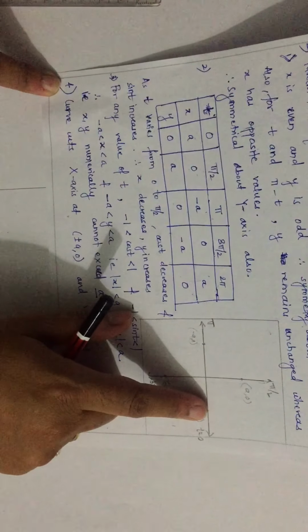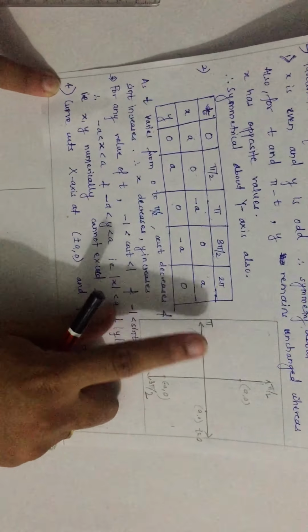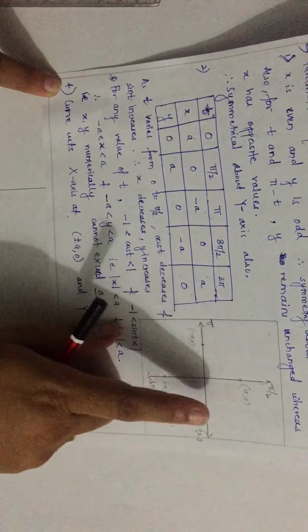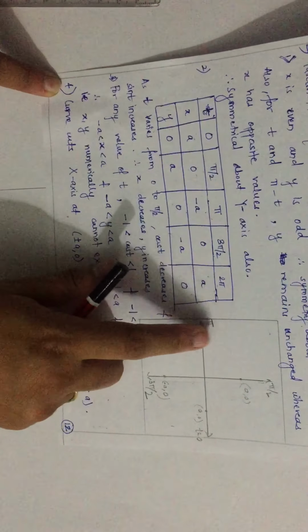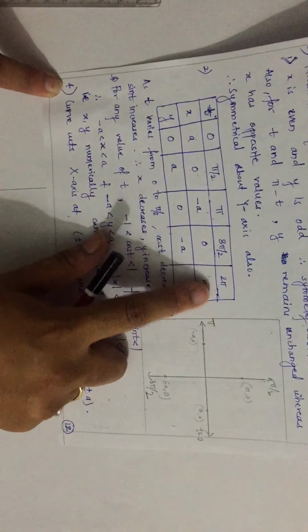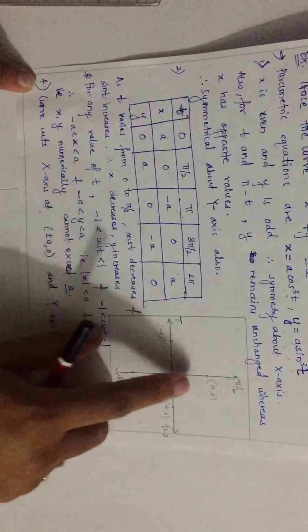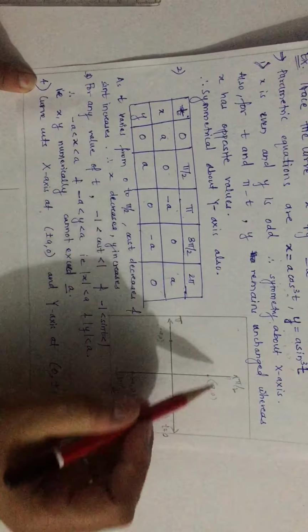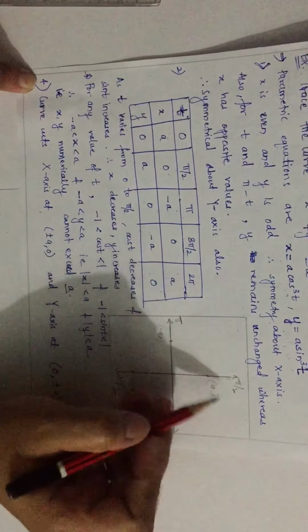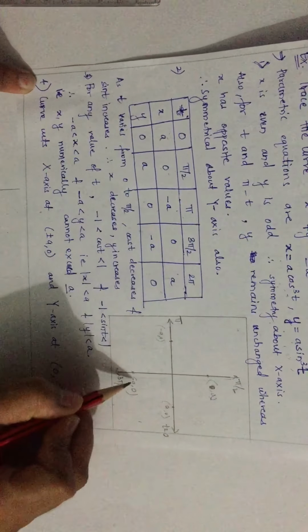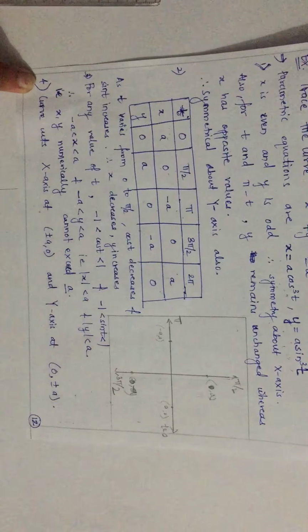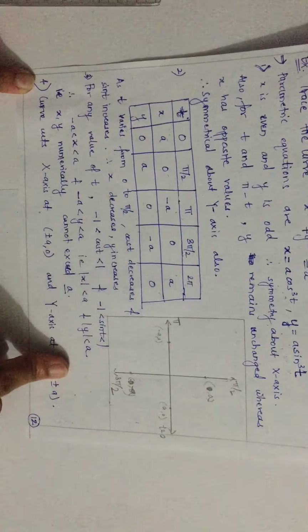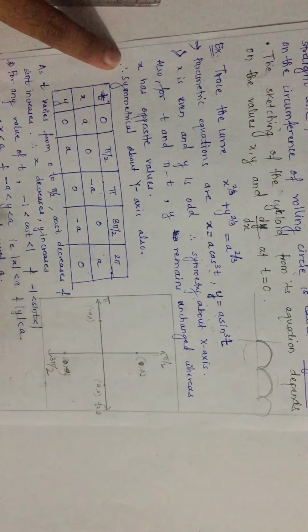So obviously this tells us that x and y will not exceed the points a and minus a, means there will be no curve beyond x equal to a and x equal to minus a. Similarly, the curve will not exist for y beyond a and minus a. Okay, so we now know where the curve cuts exactly.